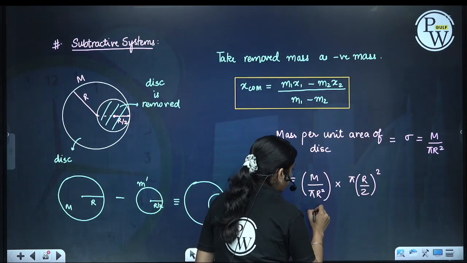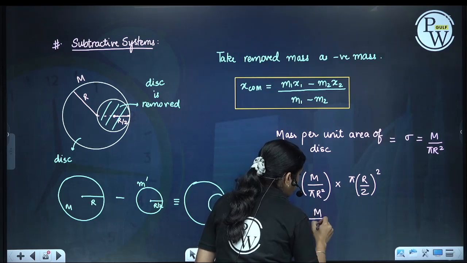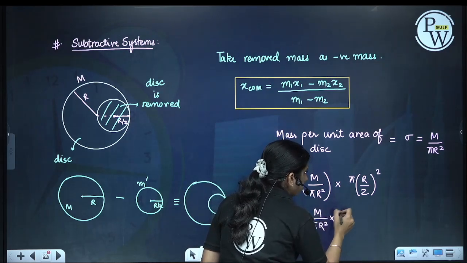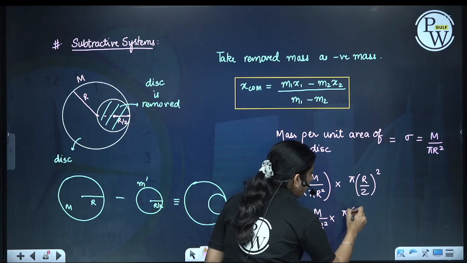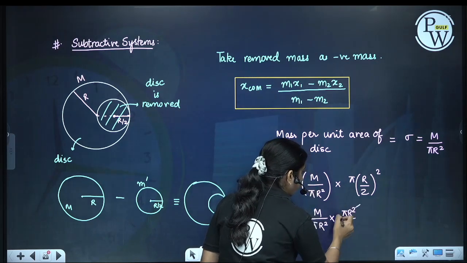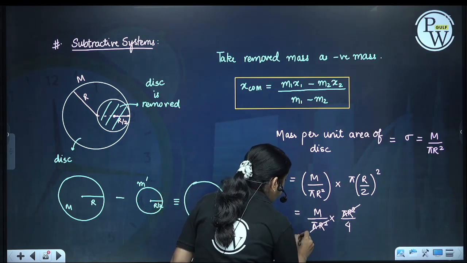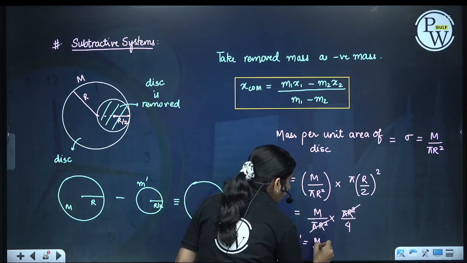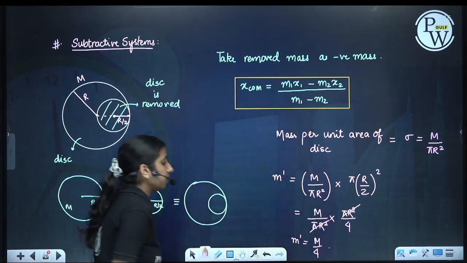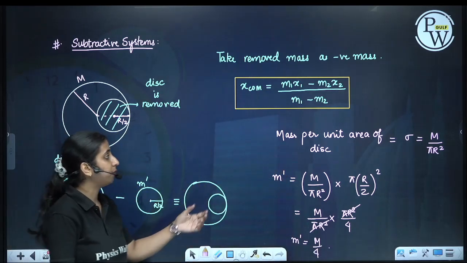This becomes m by pi r square into pi r square by 4. Pi r square cancels, and we get m prime is equal to m by 4.